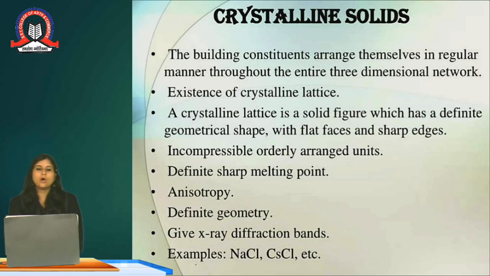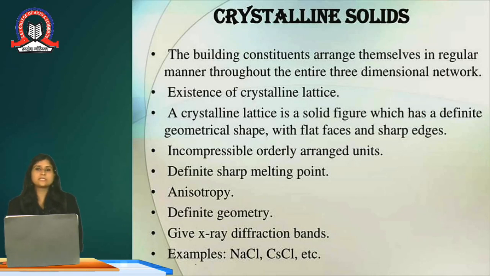On that basis, we can say crystalline solids are solids in which these units are arranged in a perfect particular manner. Because of that, they form a three-dimensional network which is perfect and arranged in a particular manner.